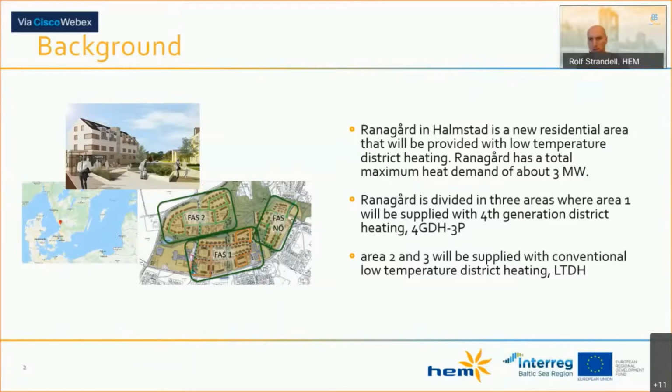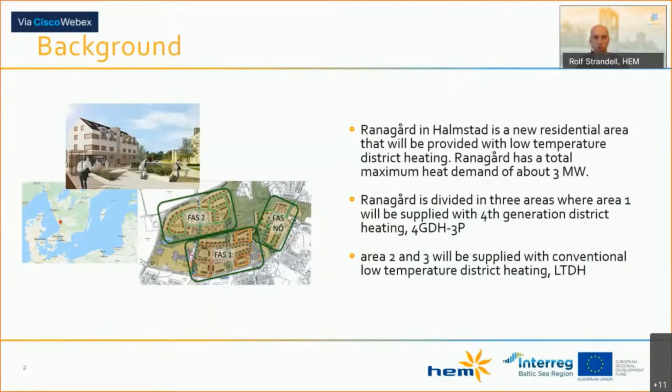A few years back, there was a new residential area planned. There are around 500 houses and apartments in this area, and we saw this as a big opportunity to test out the new low temperature district heating network.